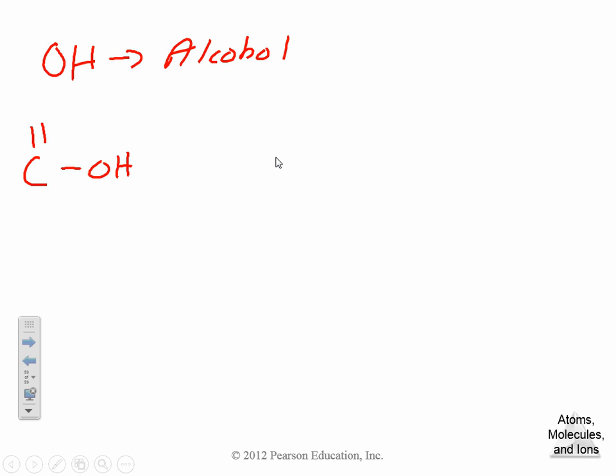But if we replace the OH with another H and it double bonds with an oxygen, that is called a carboxylic acid. And these are weak acids. And really, don't worry about memorizing these right away. I just want you to get some exposure to the different types of side groups that there are.